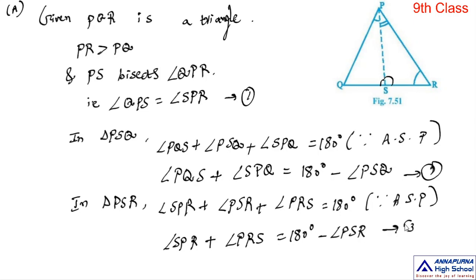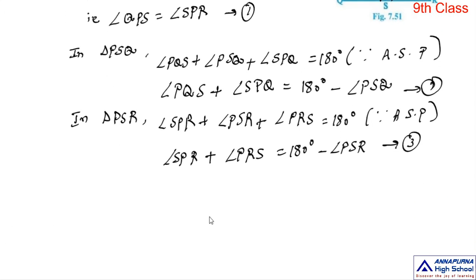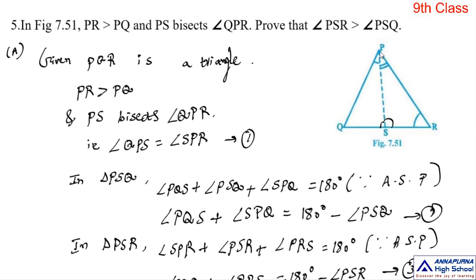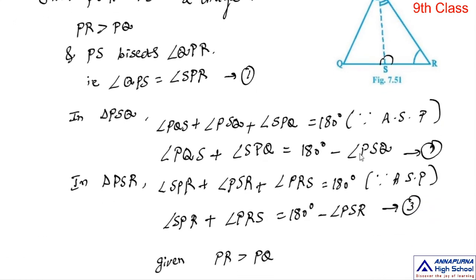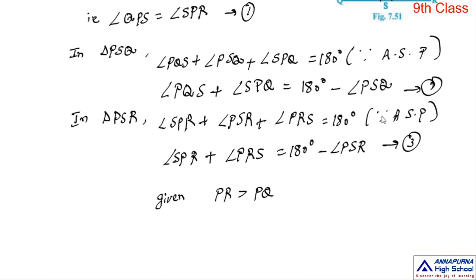This is equation number 3. By using the given condition, what is the given condition? PR is greater than PQ. See the figure. In triangle PQR, the side PR is greater than PQ. This is the given condition.